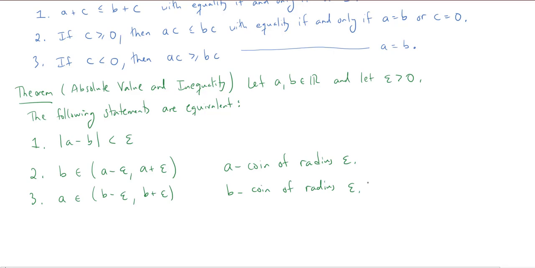Now note, this is not saying that the A coin and B coin of radius epsilon are the same. They're simply stating that the A coin of radius epsilon contains B, and the B coin of radius epsilon contains A. These are equivalent statements.